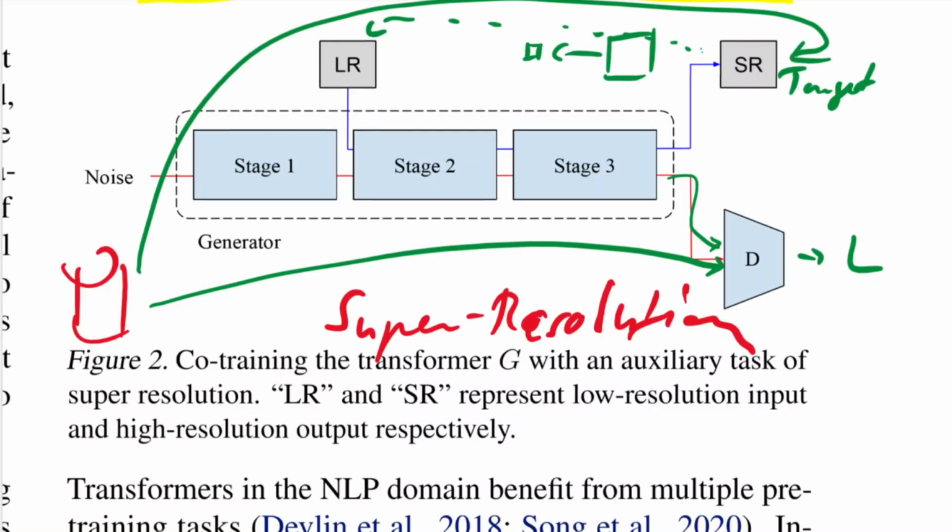So you take pictures from your dataset and you deliberately downsample them. You might even add some noise, but I guess they simply do lower resolution. So LR means low resolution. And then the task of the GAN is, from the low resolution input, to predict the high resolution image.